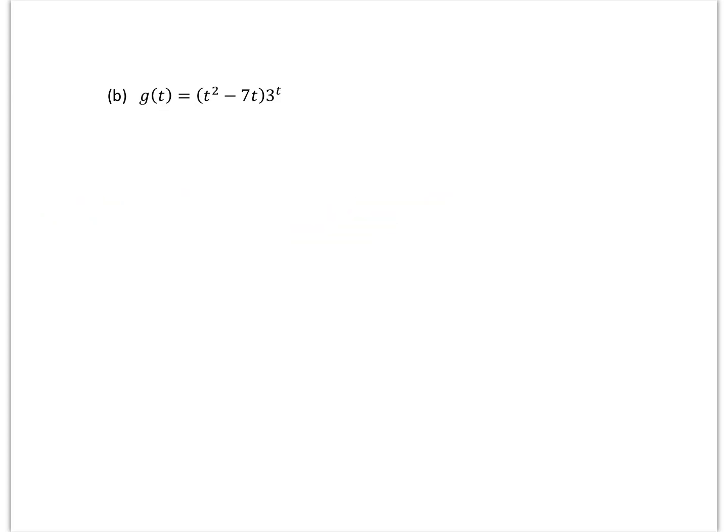This one is a product. So this function in parentheses we're going to call f, and this function that we're multiplying by we'll call g. And remember that the derivative of a product is f prime g plus f g prime. So in this case, it's going to be the derivative of the first times the second plus the first times the derivative of the second.